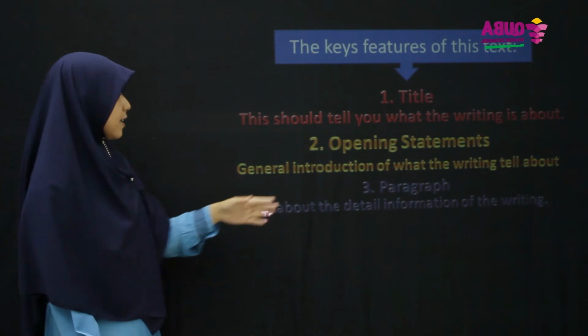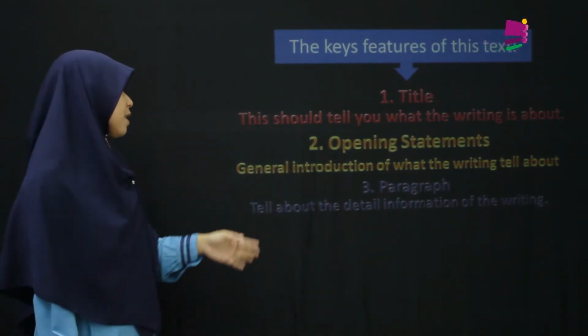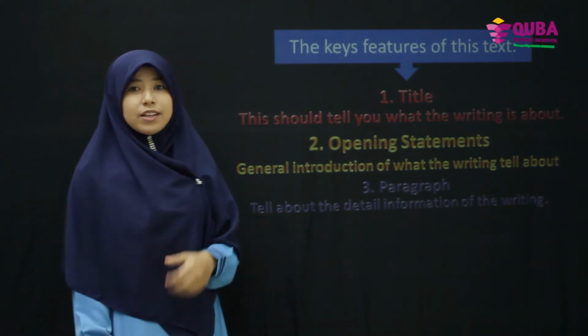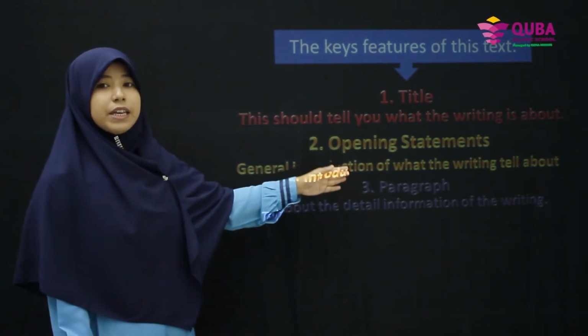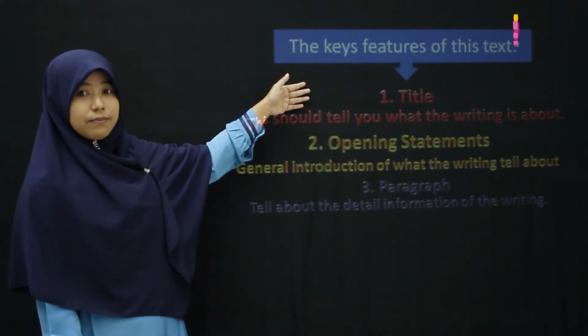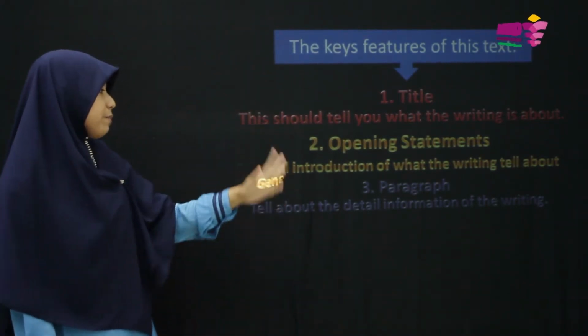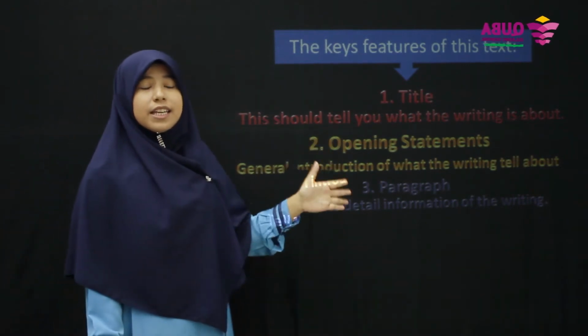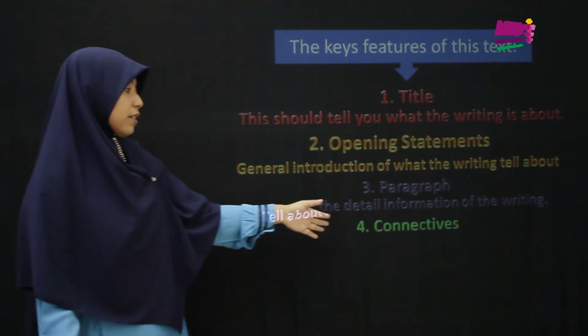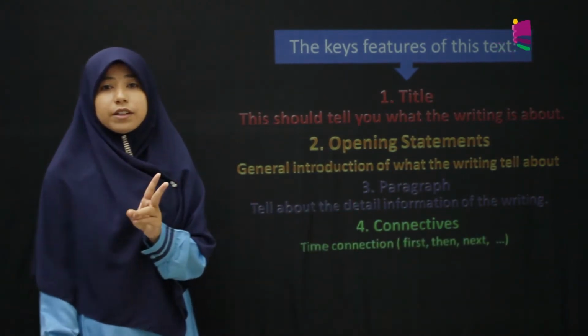And the next is paragraph. Paragraph tell about the detailed information. So in this paragraph, we can find what the writing is about. Okay, so the paragraph is the detailed information. Next is connectives. There are two kinds of connectives.